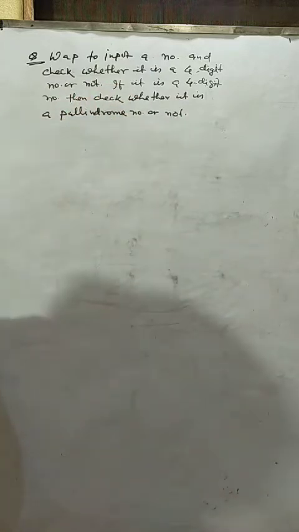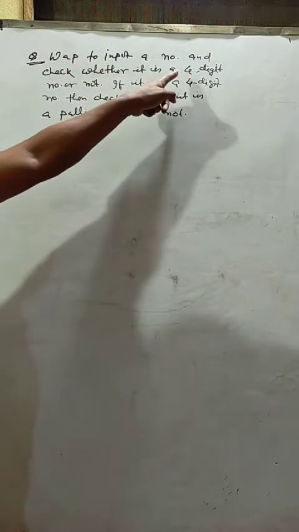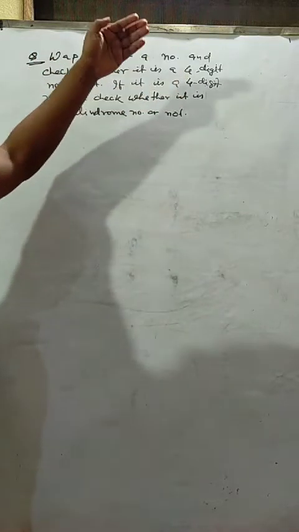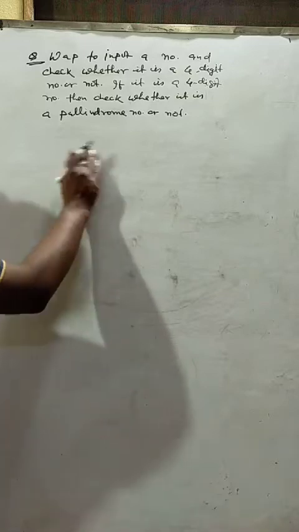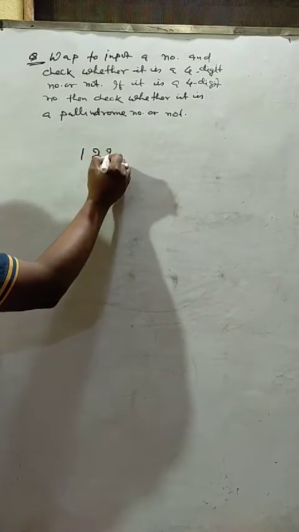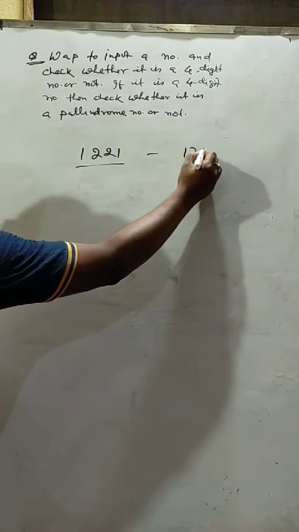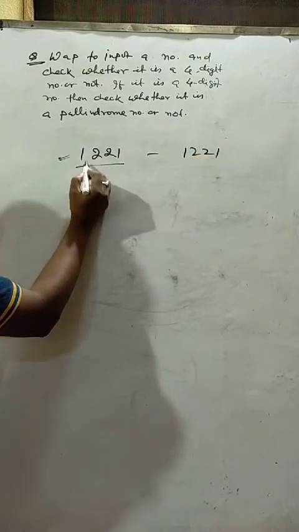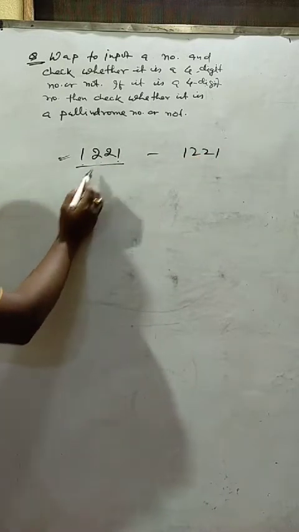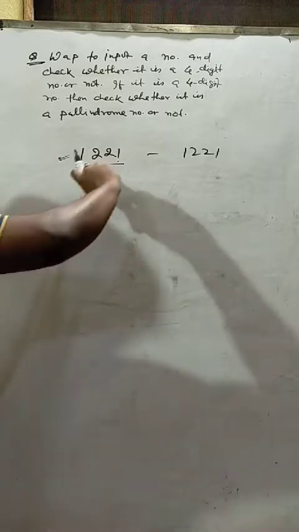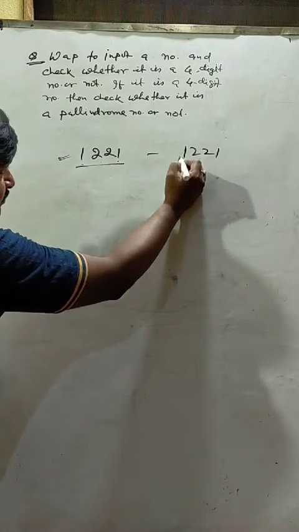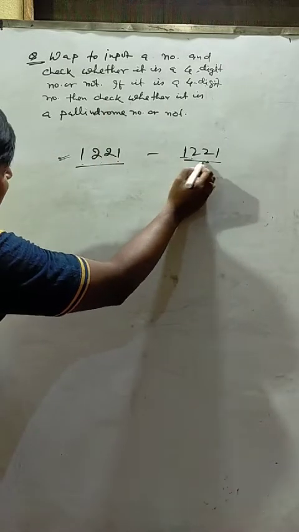In this program, we will use two if. In the first if, we will check whether the number is a 4-digit number or not. If it is, then we will check whether it is a palindrome or not. A palindrome, you know as well: if a number and its reverse, see, number is 1221, if we reverse it, we find 1221.